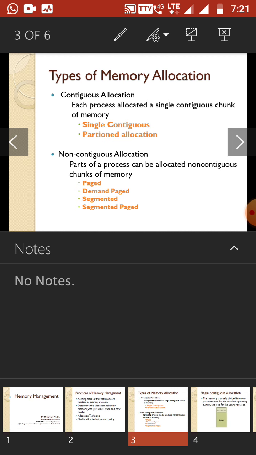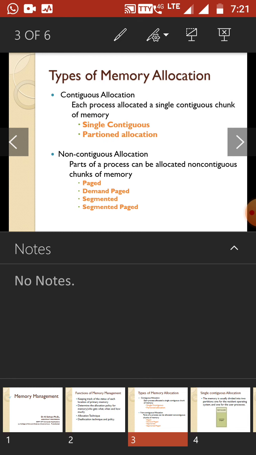These 4 places are not continuous; they are discontinuous, or discrete memory locations. Discrete memory locations are called non-contiguous.